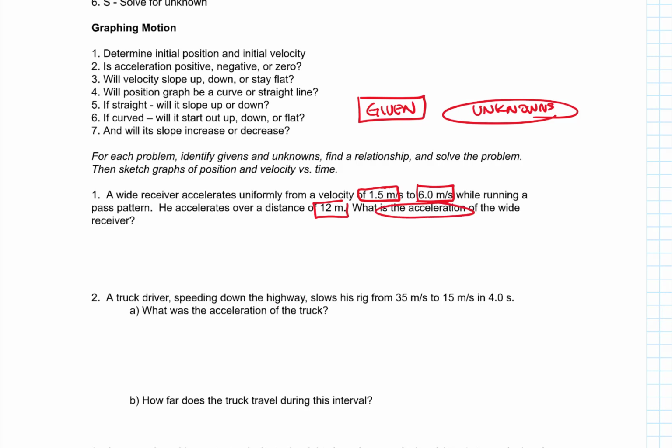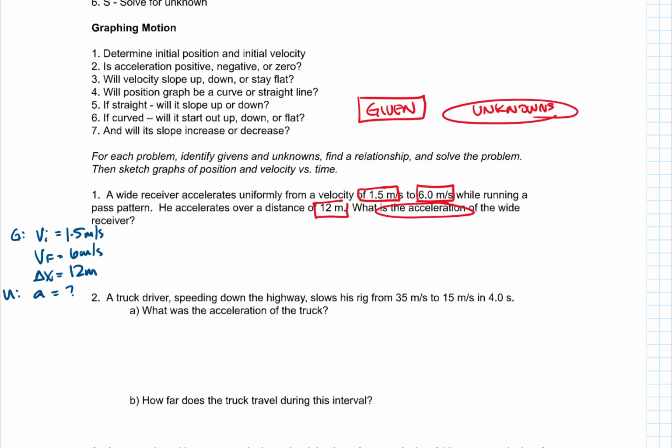What's the acceleration? All right, so for these, I don't have a ton of room, so I have to spread out a little bit. Givens are the initial velocity of 1.5 meters per second, final velocity of 6 meters per second, displacement of 12 meters, and then my unknown is the acceleration.